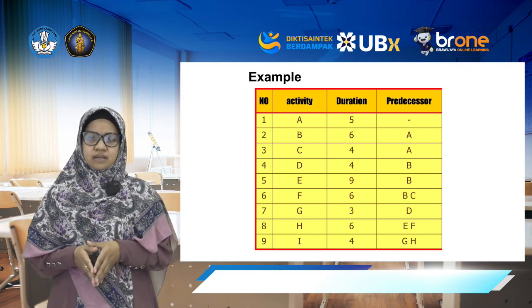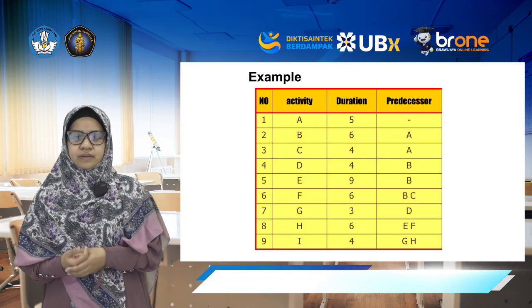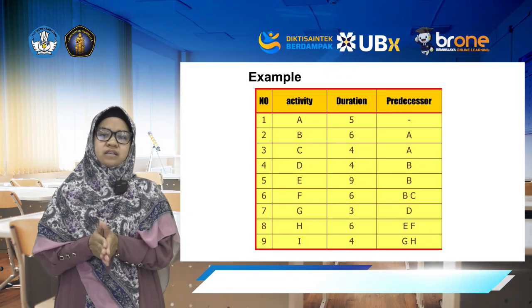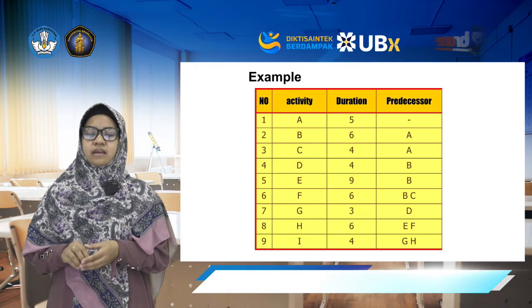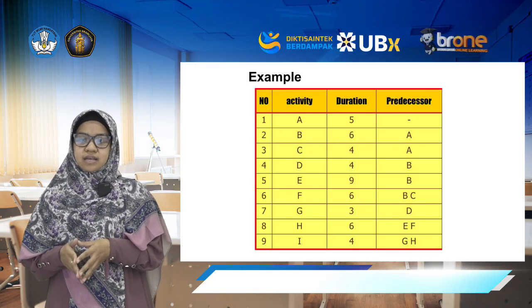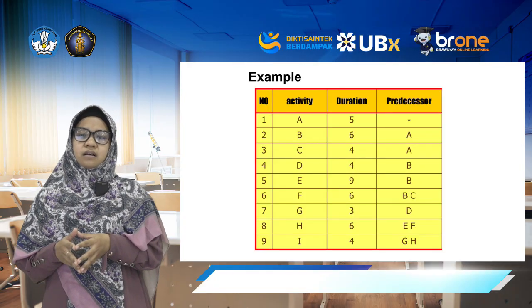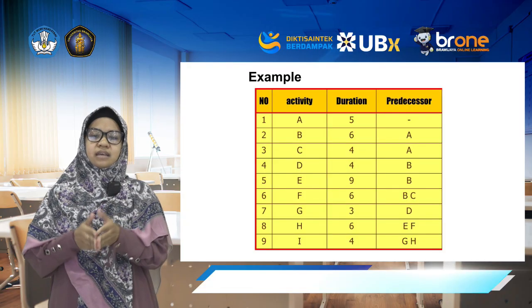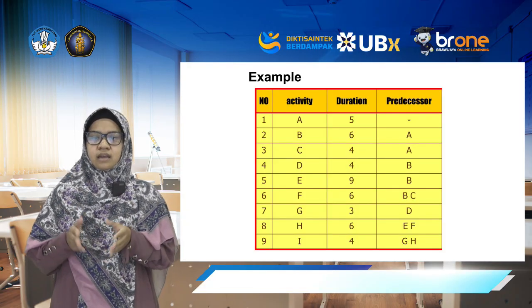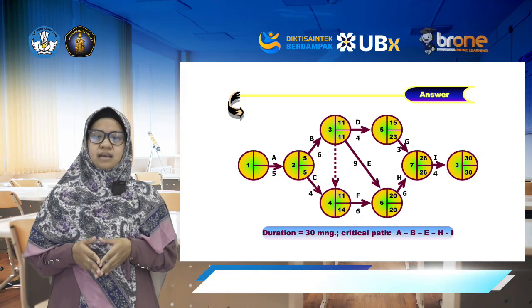Let's complete this project network using the critical path method. Label each activity on the network, A, B, C until I, with the duration. A is 5 weeks, B is 6 weeks, etc., and note each activity's immediate predecessors. The forward pass computes ES and EF.